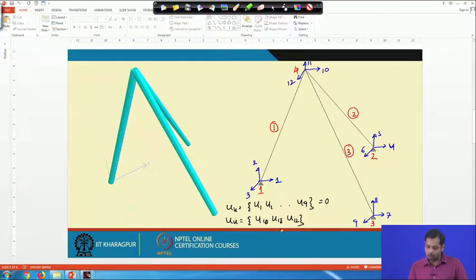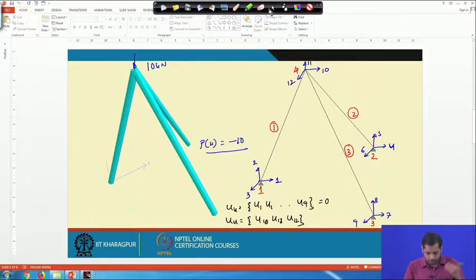Now, nodal load vector: suppose we have a concentrated load of 10 kilonewton in the direction of the 11th degree of freedom, then P11 will be minus 10, and all other P's will be 0, as for node number 4.